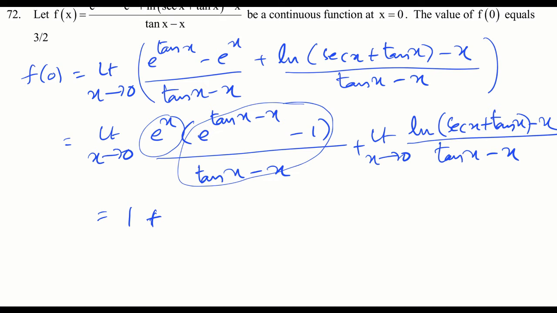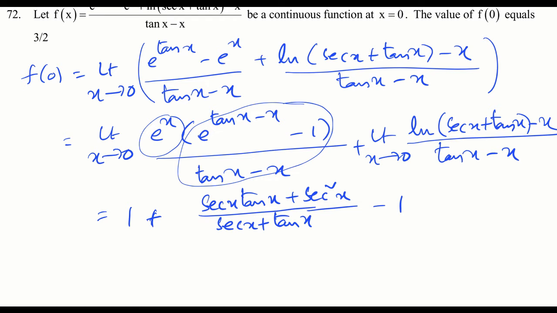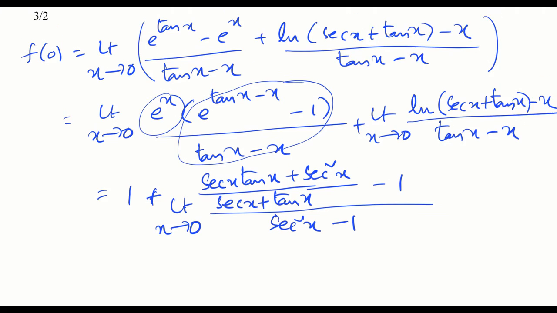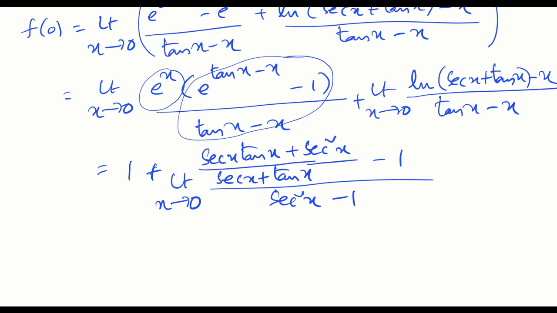The derivative of log of secant x plus tan x will be 1 by secant x plus tan x into its derivative, secant x tan x plus secant square x, and minus 1, whole by the derivative of tan x minus x, which is secant square x minus 1. Oops, I forgot limit x tends to 0 here. In the numerator, if I take secant x common, I can cancel secant x plus tan x.